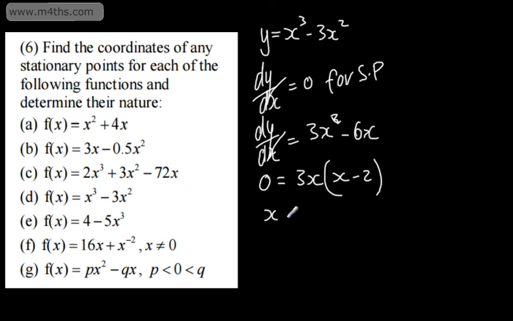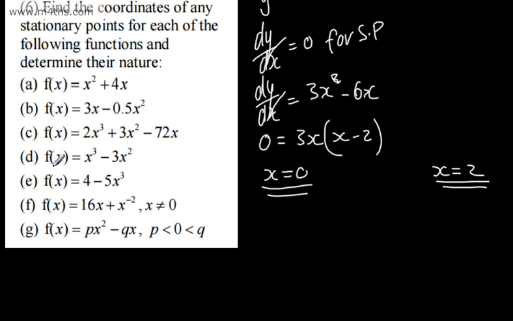So we can say that x will be equal to 0, and then x is equal to 2. So yet again a cubic function just here, and we're going to consider these particular values. If you'd drawn that up, that would have been a nice one to go ahead and sketch. You could have seen the repeated root. If you'd factored this, we would have had x squared and then x minus 3.